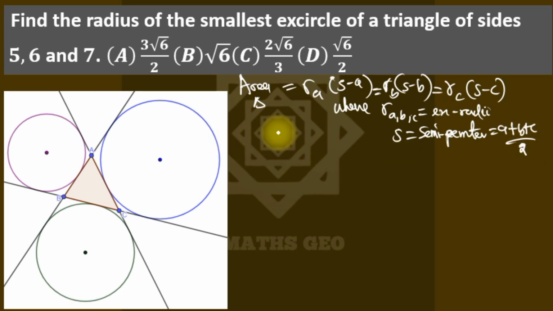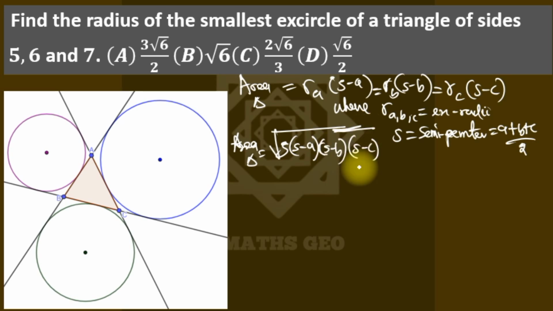I'm looking for the one for 5, because 5 is the smallest side. We know the area of a triangle is given by Heron's formula: the square root of S times (S minus A) times (S minus B) times (S minus C).